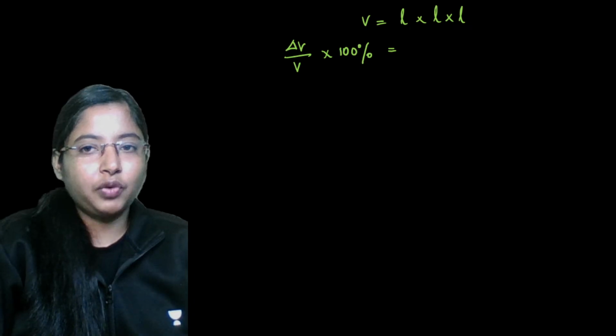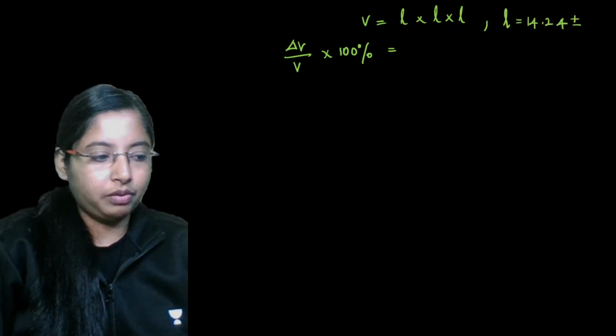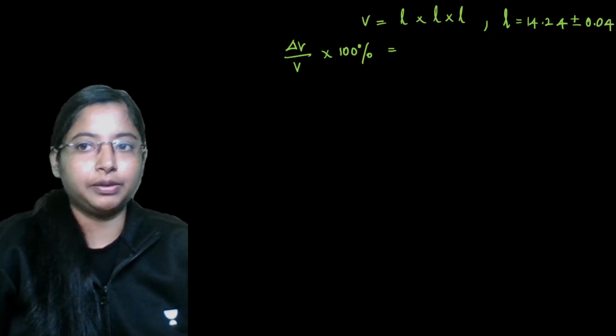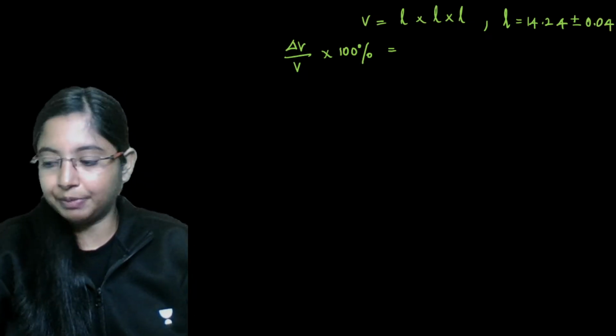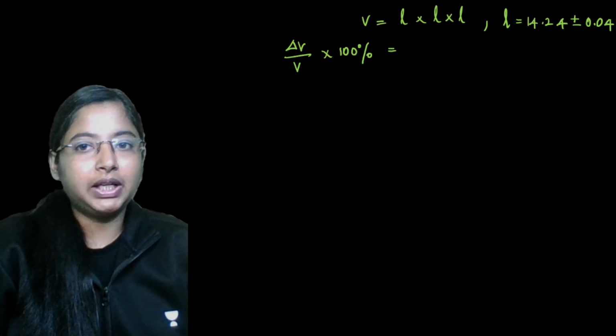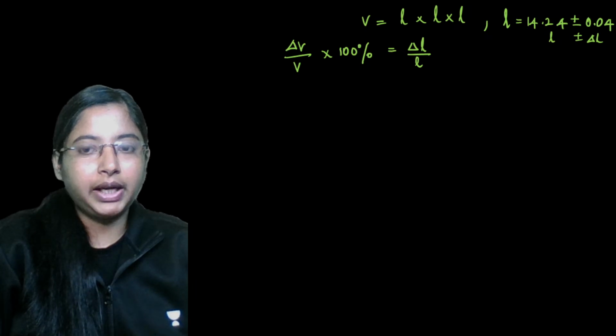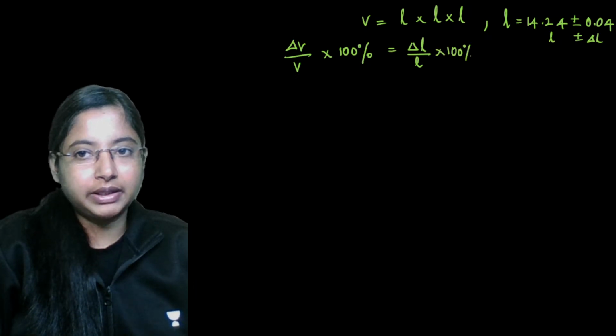So first we have to find the length value over here. L value is given as 14.24 plus or minus 0.04, right? That's the value that was given. Now from here, L is L plus or minus delta L, right? So this quantity will be delta L by L into 100%.